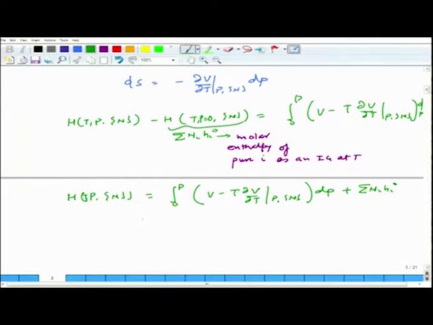Now, similarly to the way we have done for enthalpy, we can also integrate for entropy.